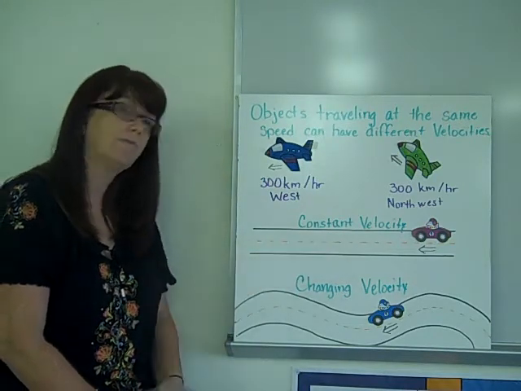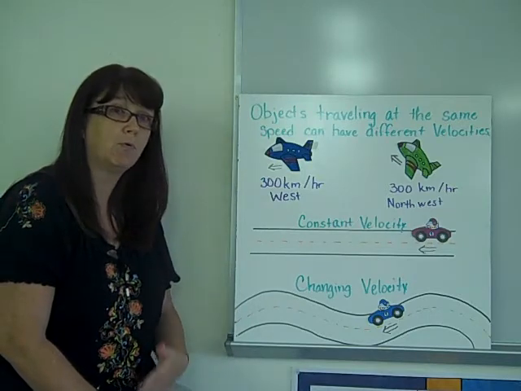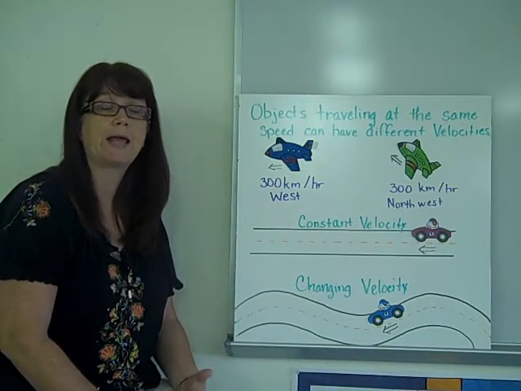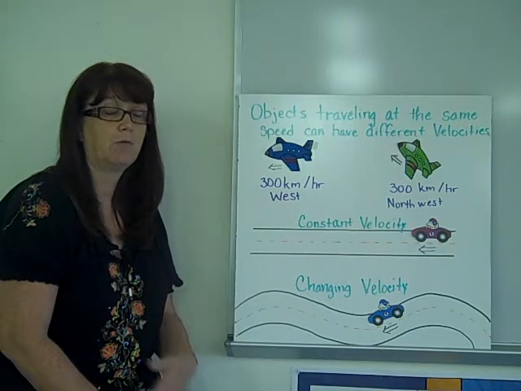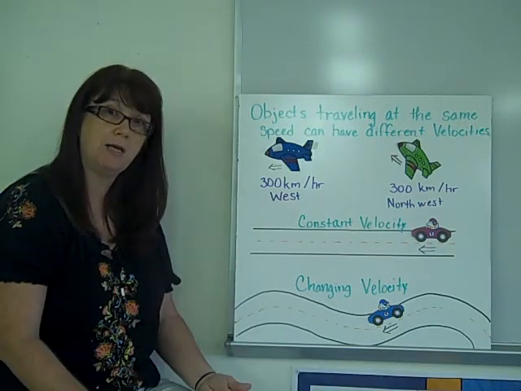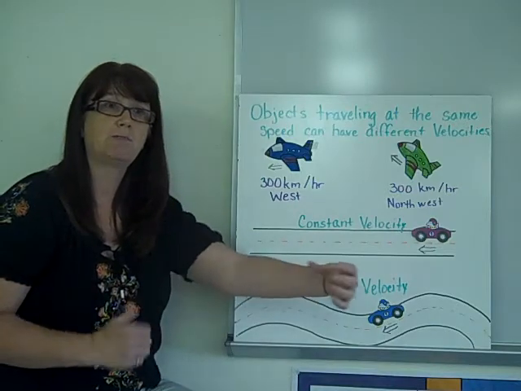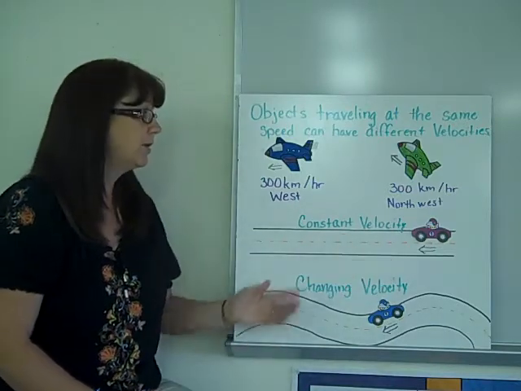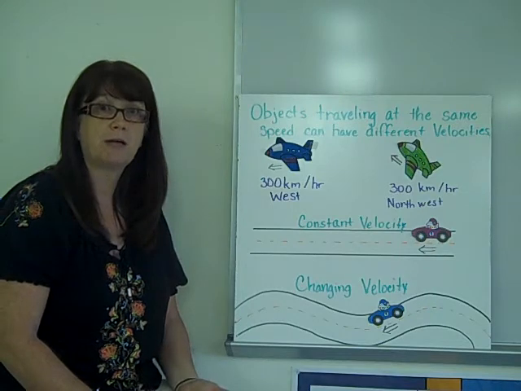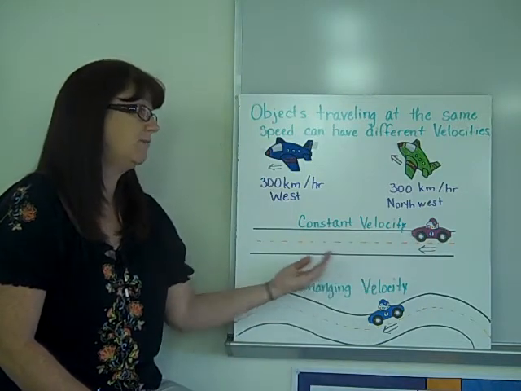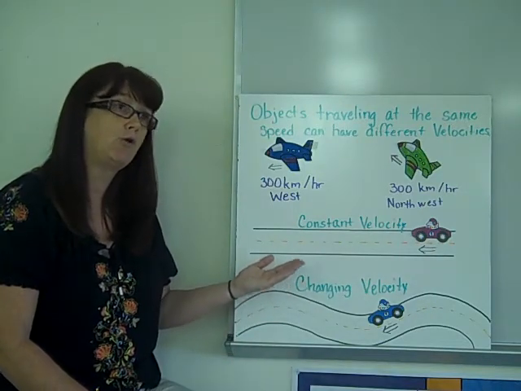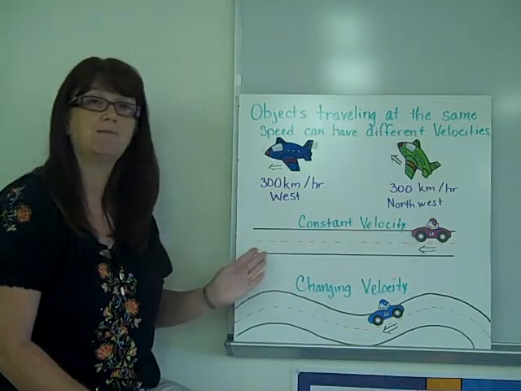You can also have vehicles or people or objects that will have what's called a constant velocity. Remember that we talked about constant speed and said that the constant speed is traveling at the same speed over a given amount of time. Constant velocity would be the same thing. They're traveling the same speed, but now you have to add in that they're traveling the same direction.